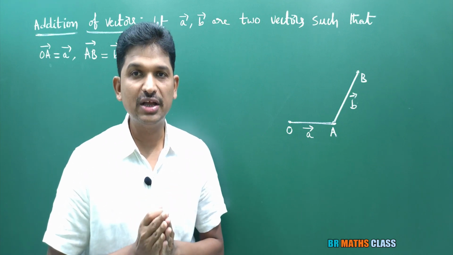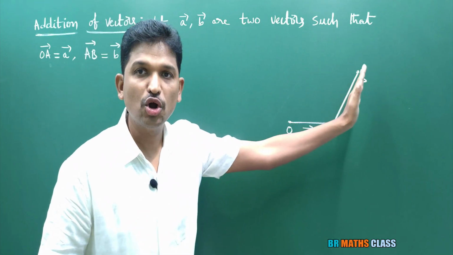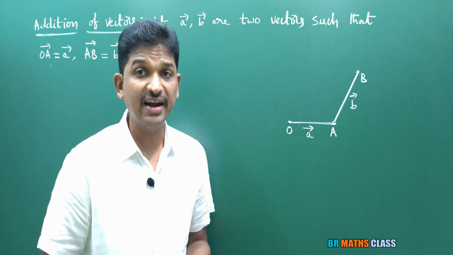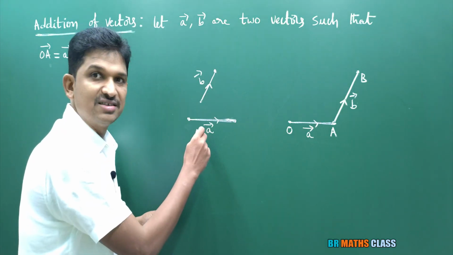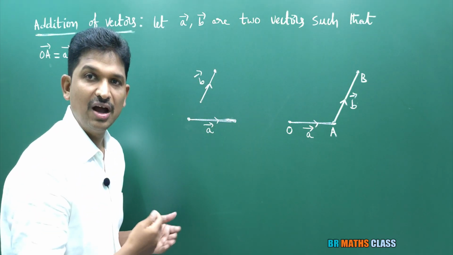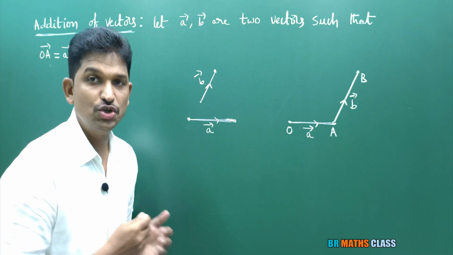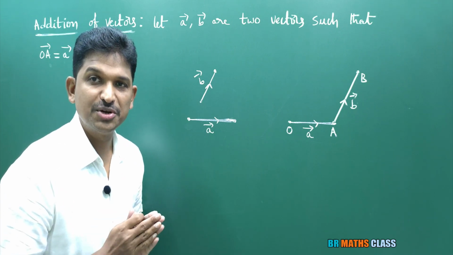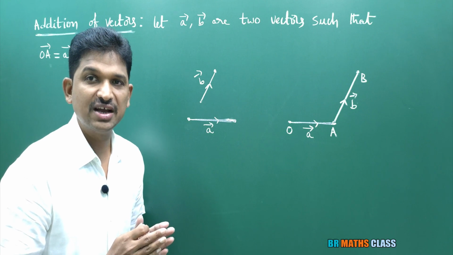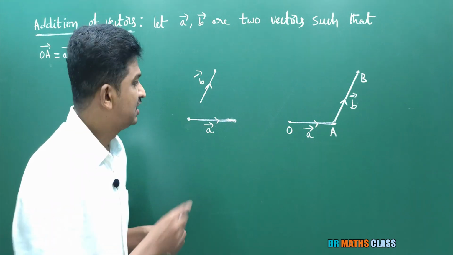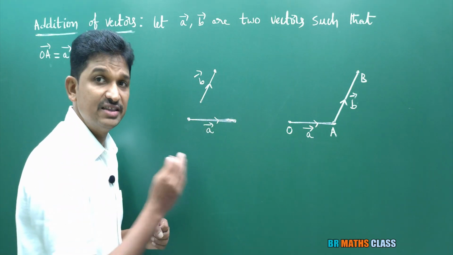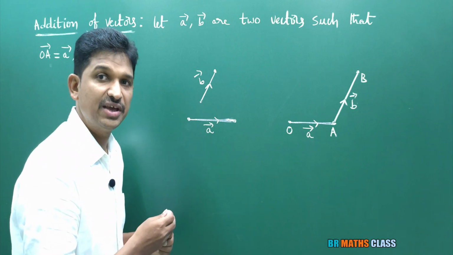You may get a doubt: if A bar, B bar are not like this, then how do we add the vectors? Suppose two vectors are like this, A bar, B bar. How to add these vectors? You know that in the vector algebra chapter, whatever vectors we consider are all free vectors. Yes, we can add.